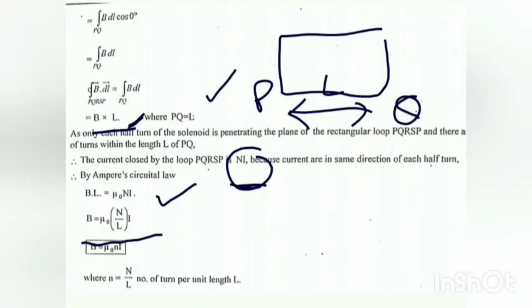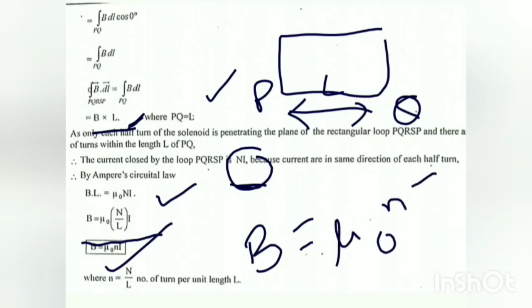N upon L is number of turns per unit length. We can denote it by small n, and as the final result we can write B is equal to mu naught ni, where n is number of turns per unit length. This is an important expression for solenoid.